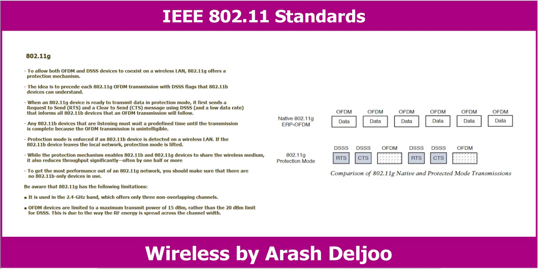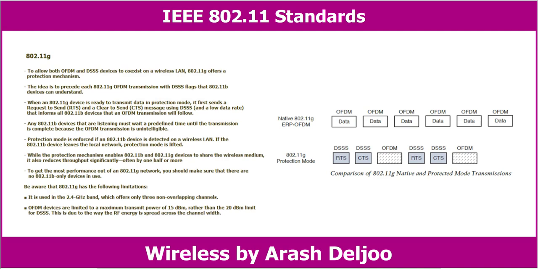Any 802.11b devices that are listening must wait for a predefined time until the transmission is complete because the OFDM transmission is unintelligible. Protection mode is enforced if an 802.11b device is detected on a wireless LAN. If the 802.11b device leaves the local network, protection mode is lifted.